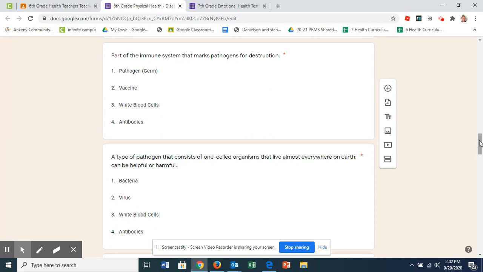Next definition: a type of pathogen that consists of one-celled organisms that lived almost everywhere on Earth, can be helpful or harmful. 1, bacteria. 2, virus. 3, white blood cells. 4, antibodies.